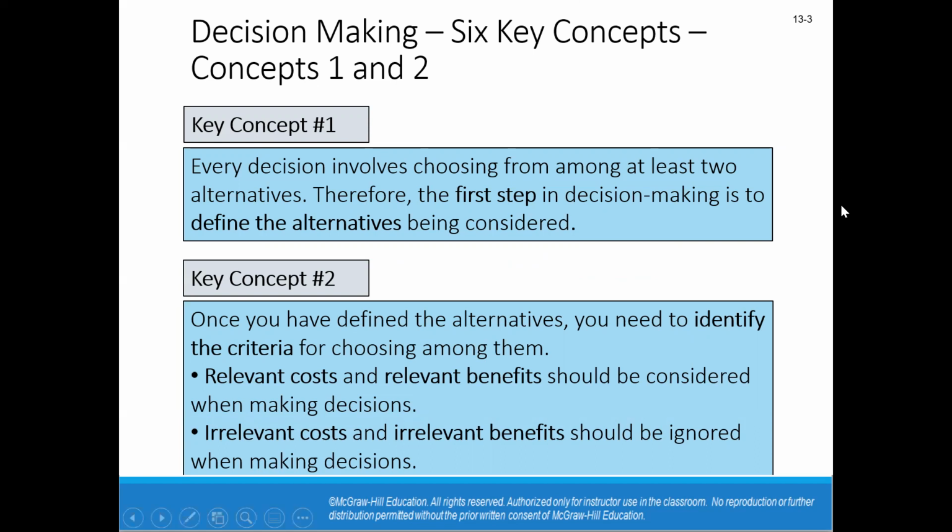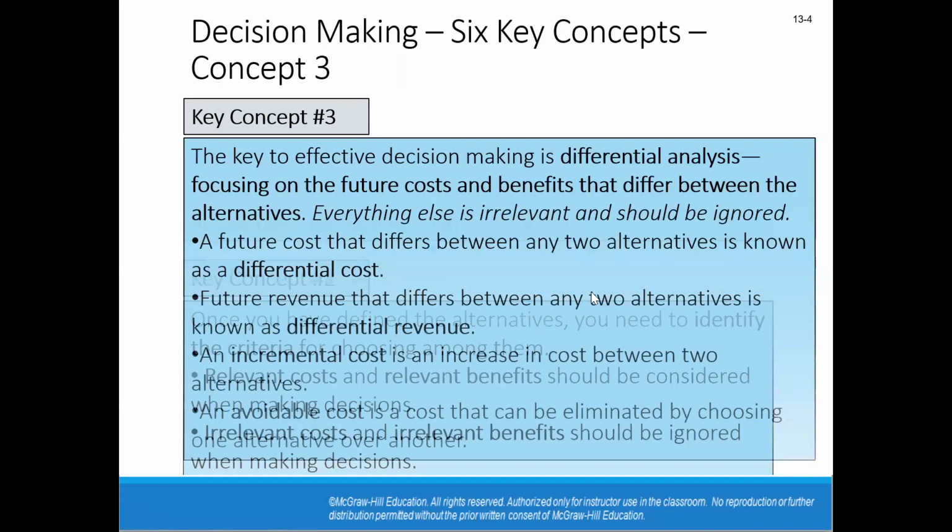One of the best things to do is look at relevant costs and relevant benefits. Irrelevant costs and irrelevant benefits should not even be recognized in making decisions, only those that are relevant.